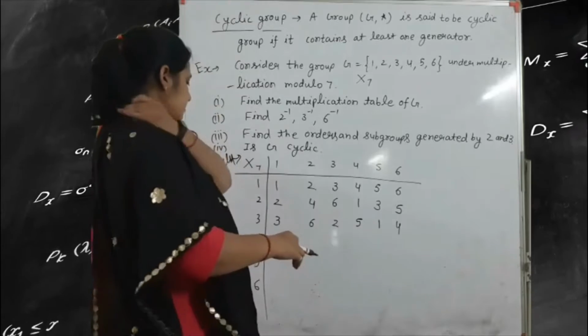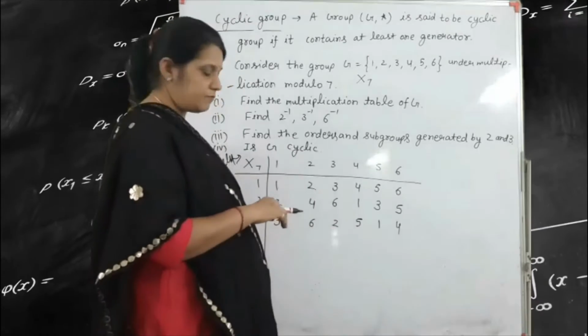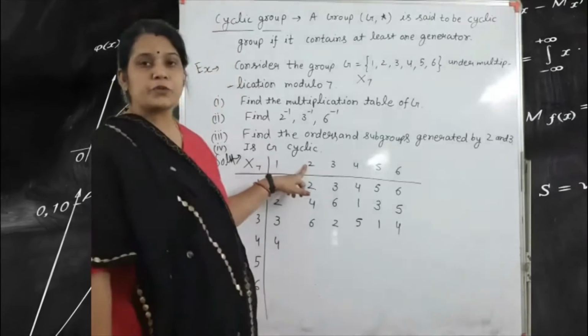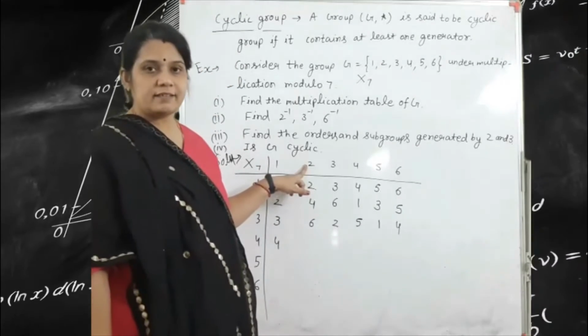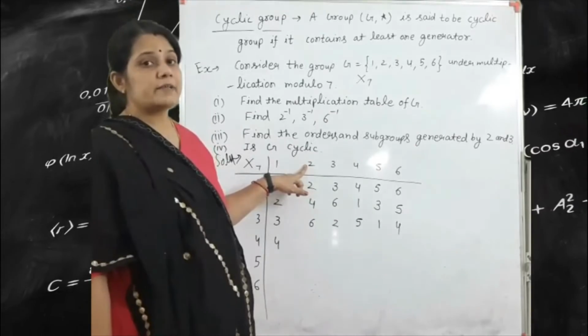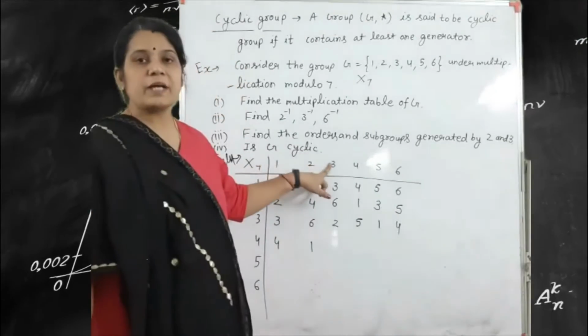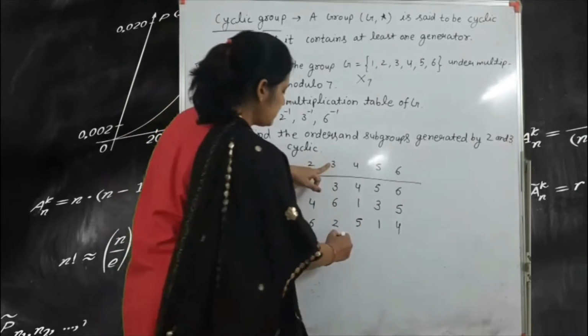Okay, next we take here the 4. So 4 into 1, 4. 4 into 2, 8. So 8 is greater than 7, so 8 divided by 7, the remainder is 1. Okay, 4 3s are 12, so 12 divided by 7, the remainder is 5.